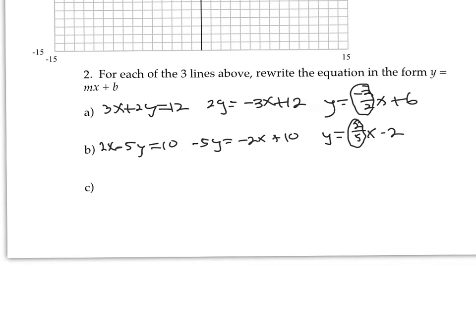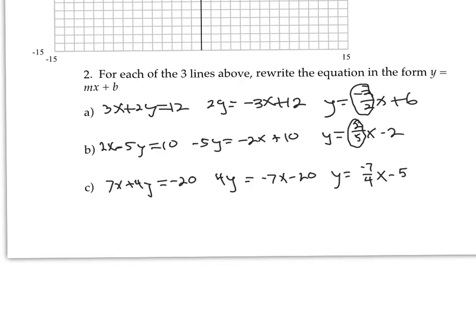Okay, then for the last one, we had 7x plus 4y equals negative 20. And so when we isolate, we get 4y is equal to negative 7x minus 20, or y is equal to negative 7 over 4 x minus 20 over 4, or minus 5.